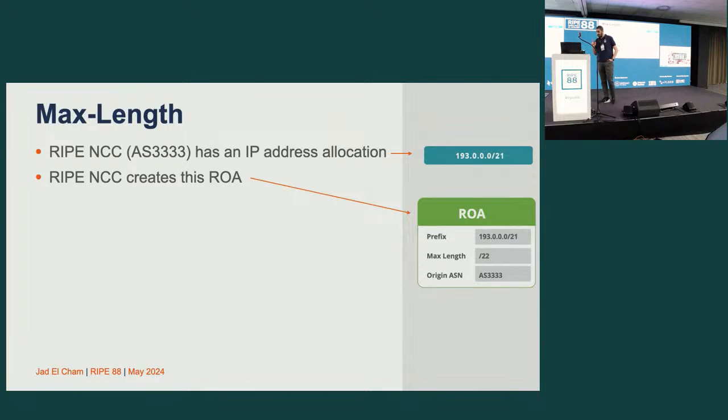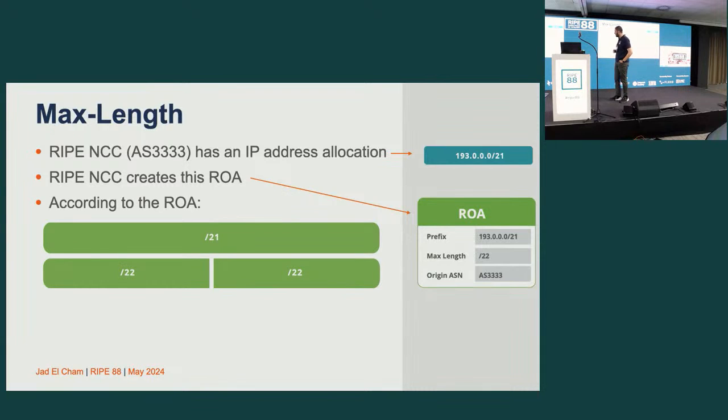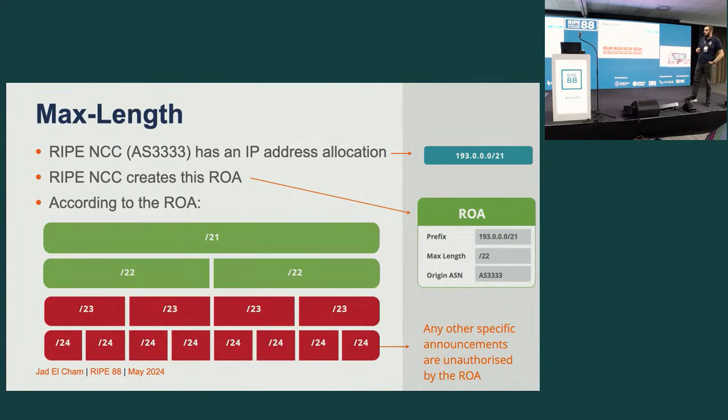Now, what this ROA says specifically is that if the RIPE NCC's AS 3333 announces the /21 or announces /22s, these will be valid according to this ROA. But if we start announcing the /23s or the /24s, then according to this specific ROA, there's something that is not correct. Now, there's absolutely no issue having an additional ROA specifically for this /23 or specifically for this /24 or whatever the case is, right?